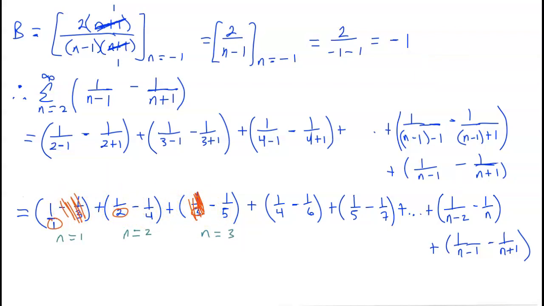If we keep on going, we'll see that this minus 1/4 and this positive 1/4 will end up canceling as well, and that happens when n is equal to 4. And if we keep going some more, we see that this 1/5 here and this 1/5 here cancel.